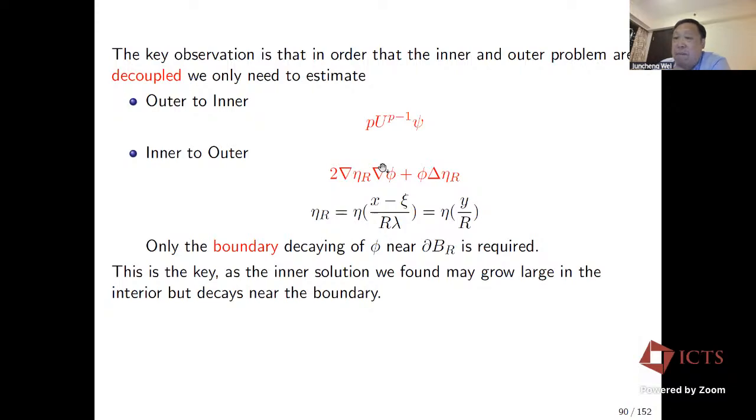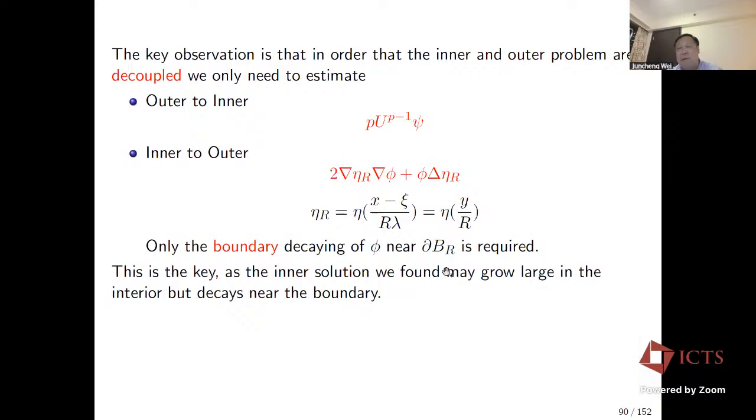Inner to outer is given by the cutoff. It's only in the cutoff region that the effect of inner on outer is felt. So the cutoff region is only in the y variable, y close to R. So you may find a solution which is big inside, but as long as your solution decays near the boundary, near BR, then this is good enough.